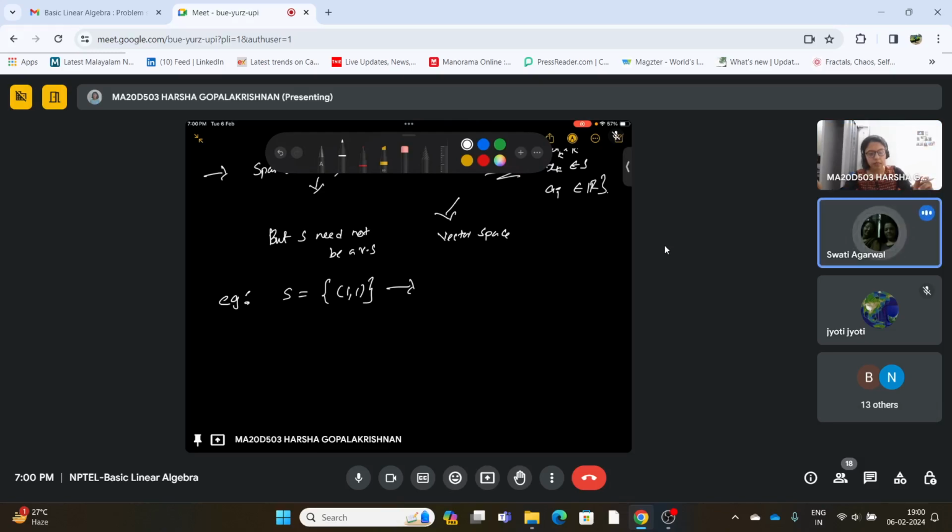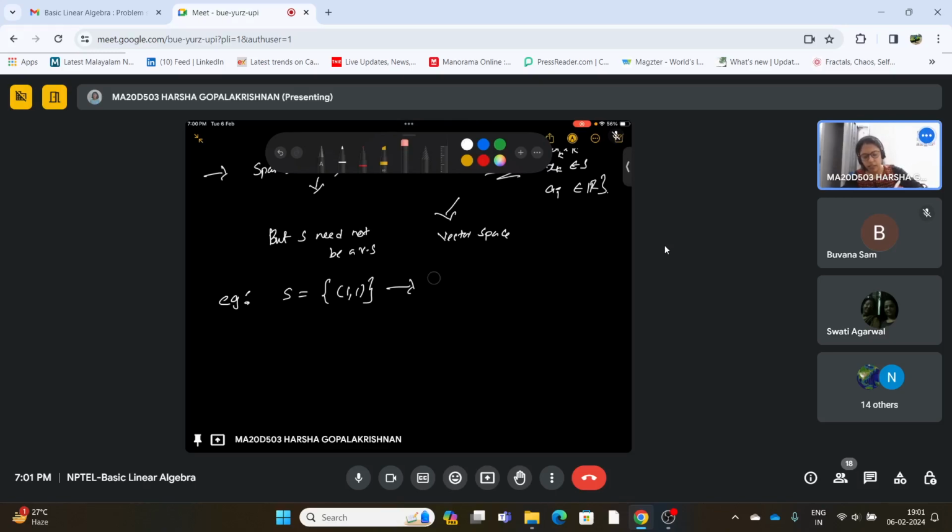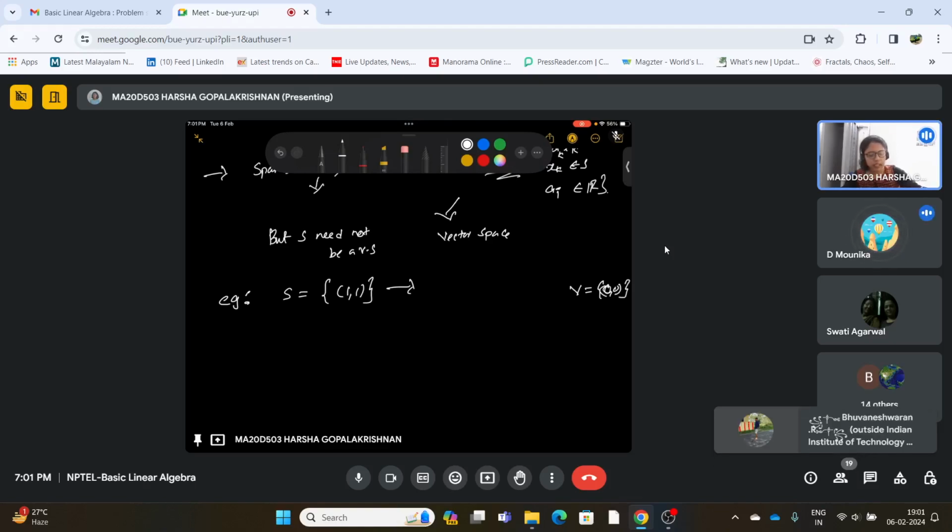No, ma'am, because we don't have two elements, no. Two elements not being there does not matter. You can take both V and W as 1, right? V equal to 1, W equal to 1. That does not matter. For example, if we are taking just the zero element, the identity element, it is a vector space. Even though it has only one element, it is a vector space, right? Two elements is just a representation. The only condition we need to check is whether all its linear combinations also belong to that set or not.